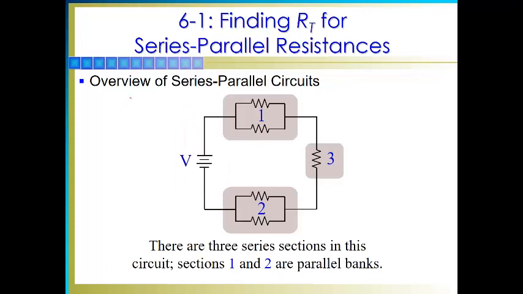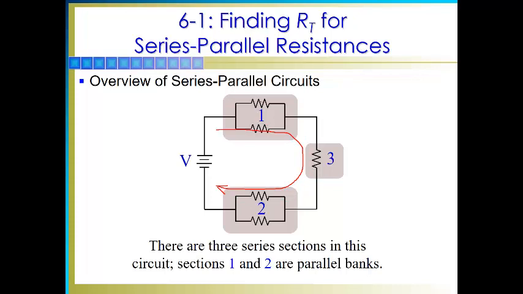On this one right here, we have three components, 1, 2, and 3, and these three components are connected in series. So if we follow this loop, as you can see, they are all one after another, so they are connected in series.